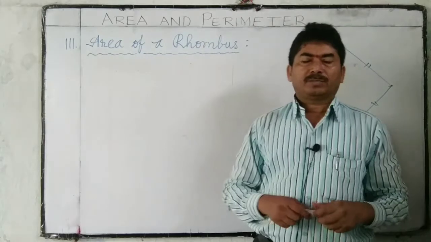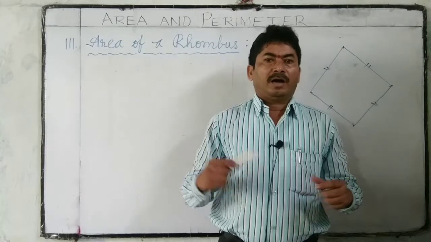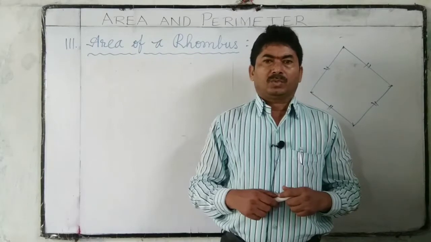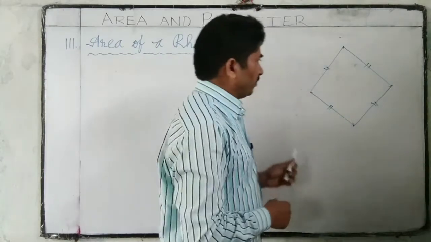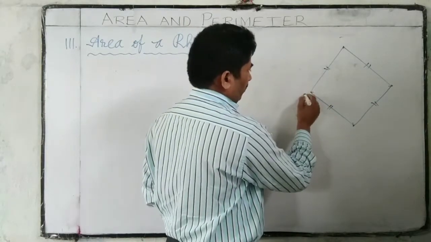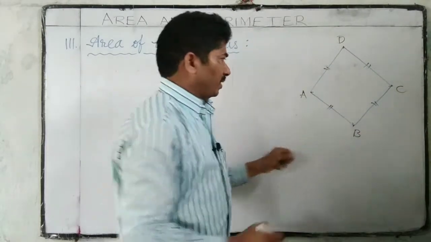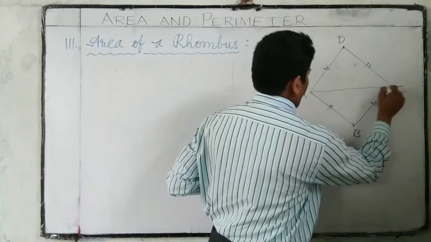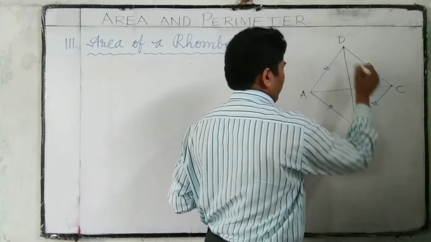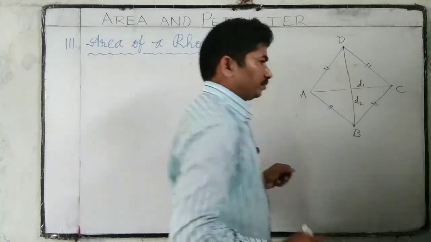Area of a rhombus. The area of a rhombus is equal to half the product of its diagonals. To understand this, let us observe a figure. This is a rhombus A, B, C, D. In this rhombus, this AC and DB or BD are called diagonals, D1, D2.